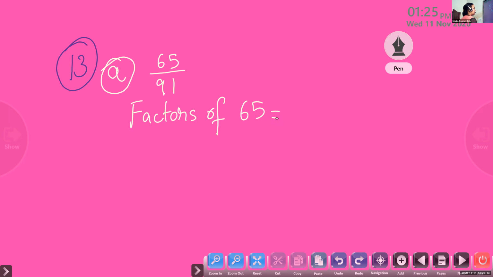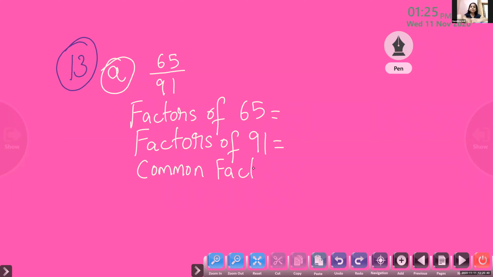After that, you can check whether you are getting this HCF using division, dividing 65 and 91 together. So you have to write the factors of 65, then the factors of 91. Then from here, you have to write the common factors, then you have to find the HCF.